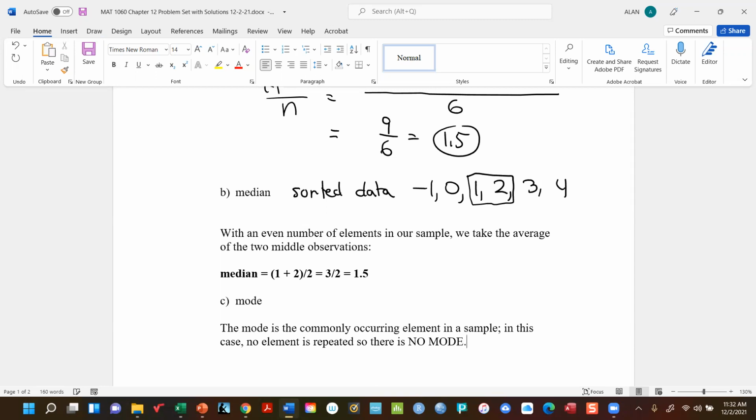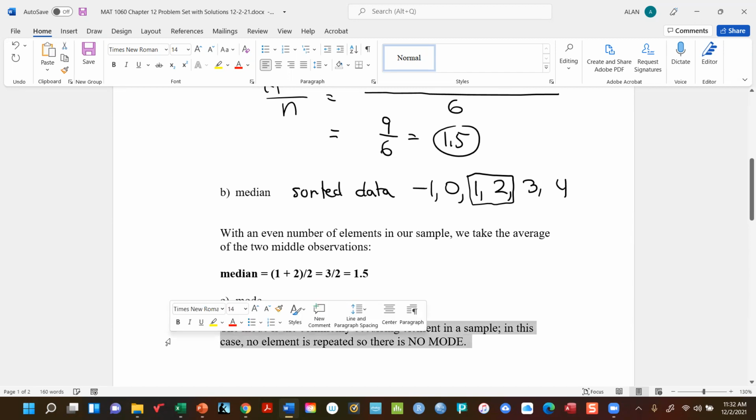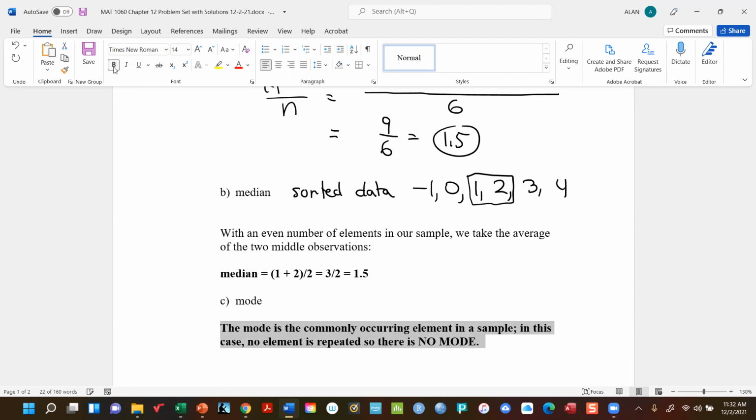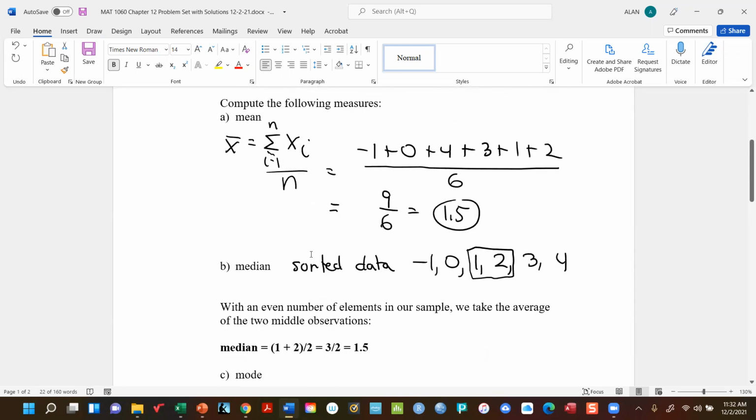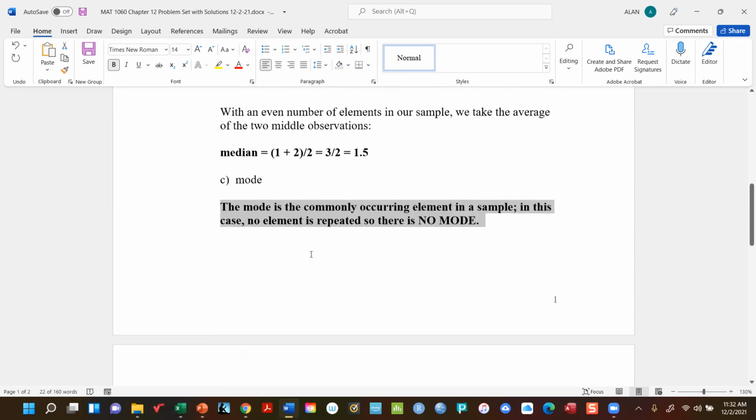That's the actual answer. There doesn't have to be one. There isn't a single value that's being repeated more than once, so we simply don't have a mode at all. And remember, you can have one mode, two modes, three, as many as you want, but there also doesn't have to be a mode at all. And in this case, that's exactly what happened.